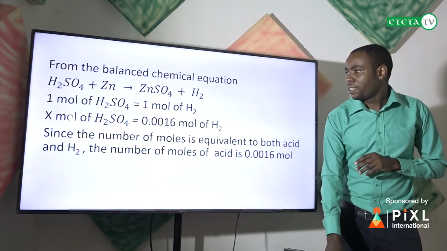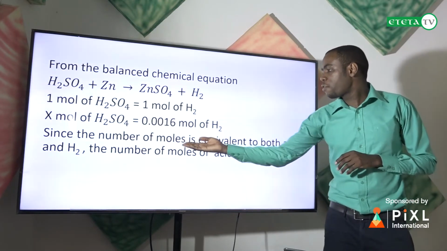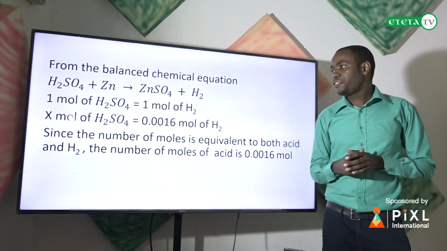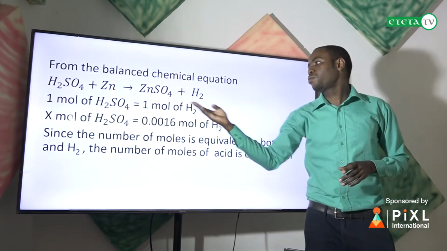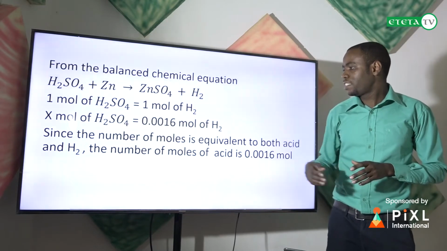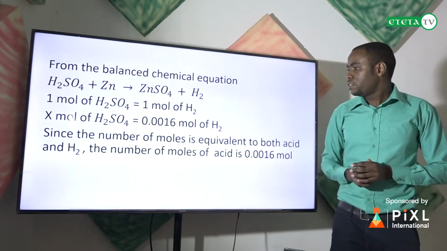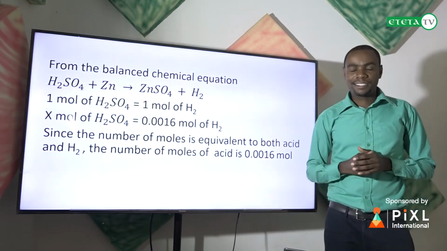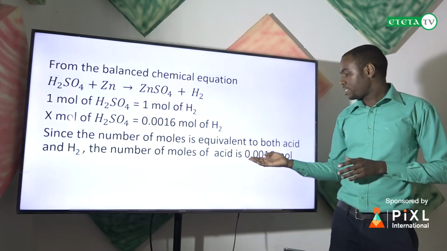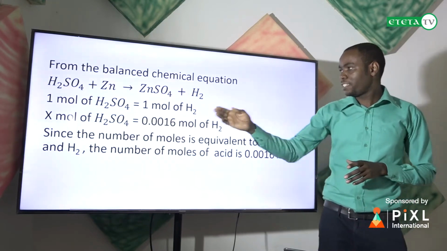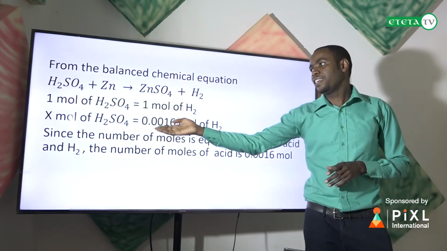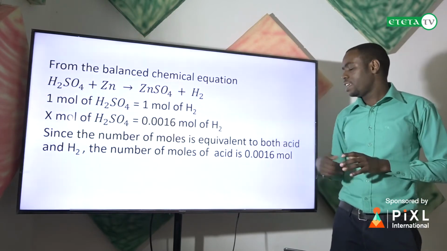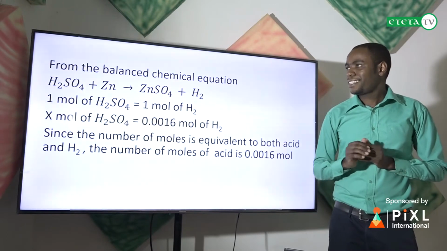Since 1 mole of acid is equivalent to 1 mole of hydrogen, the number of moles of acid is 0.0016. If 1 is equal to 1, then 0.0016 will be equal to 0.0016. So the number of moles of acid is equal to 0.0016.